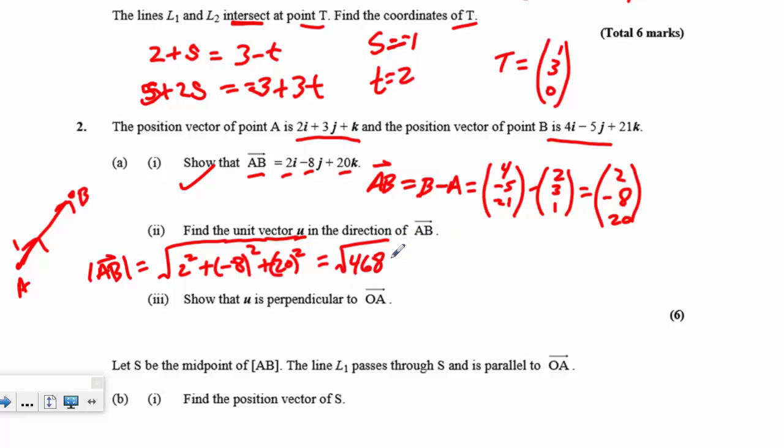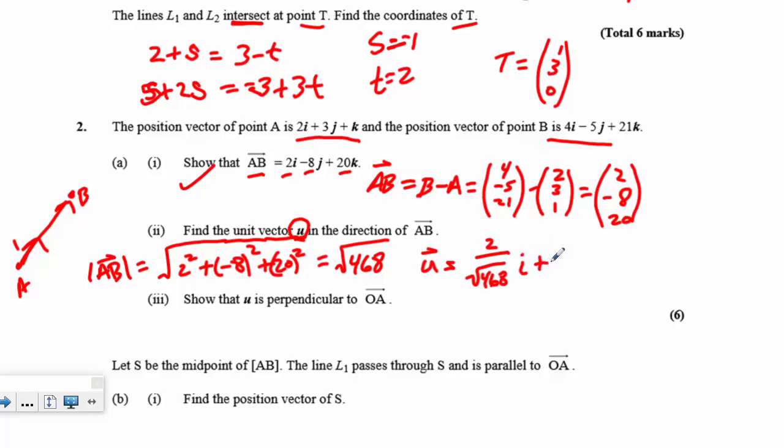Okay. Now what I have to do is divide every one of these components of AB by root 468. So that's what I'm going to do here. So the vector U, which is the unit vector they're talking about right here, is going to be given by 2 divided by root 468, and that'll be your i component.